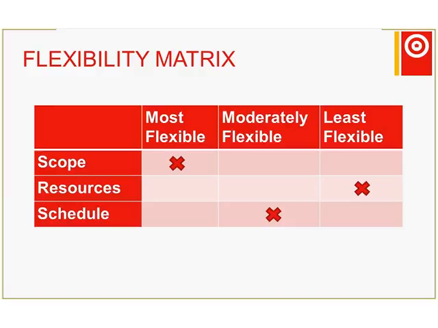Historically, many projects have slipped, so perhaps the schedule is somewhat flexible in a project. The most flexible part of the project is the scope, which can change exactly what we deliver and when in our particular sprints. So when we're planning what tasks go into which sprints, we have to think about which items fit into where on this flexibility matrix.